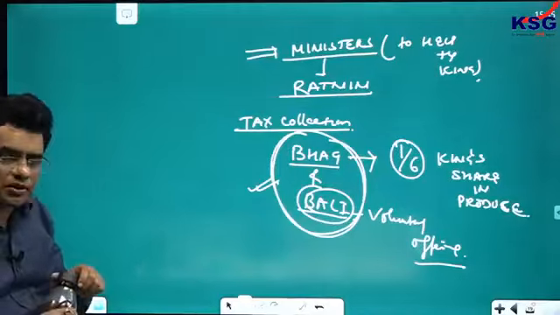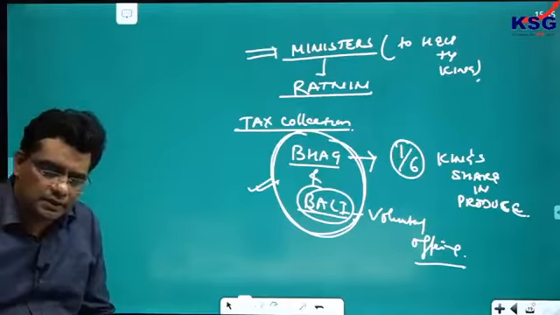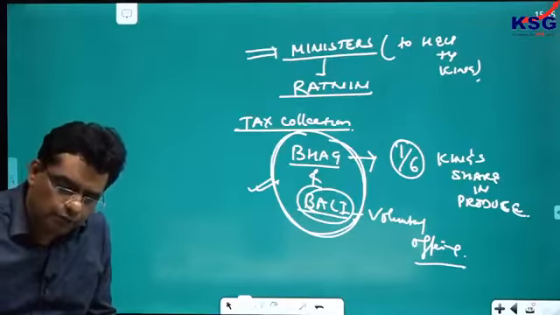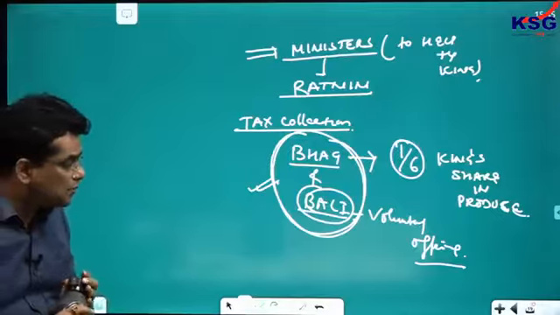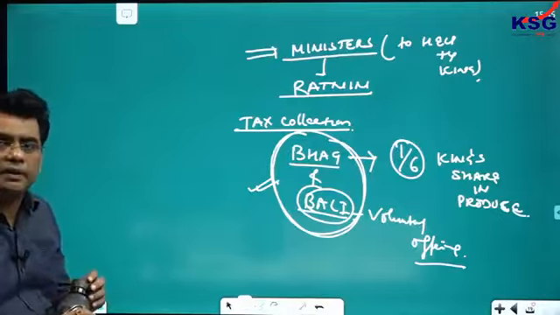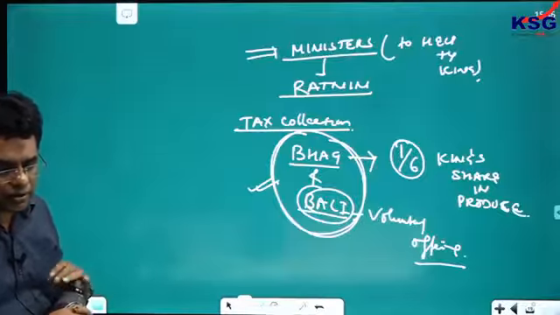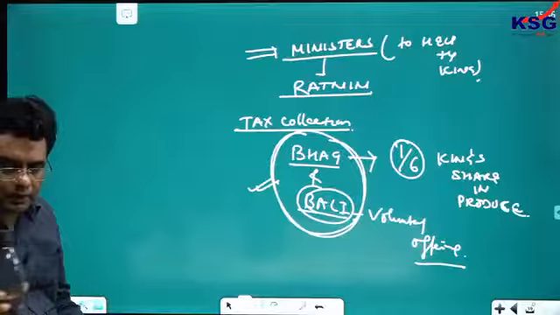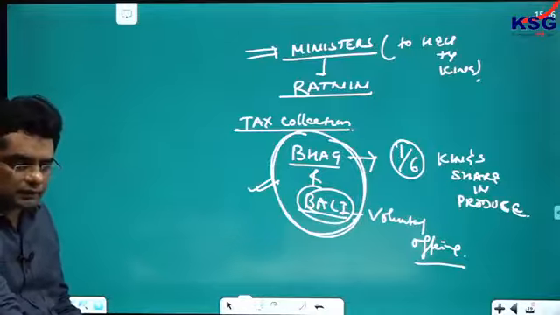Voluntary offering, you understand, refers to what? That is milk, fruits, vegetables. These are the things you have to supply regularly to the king.